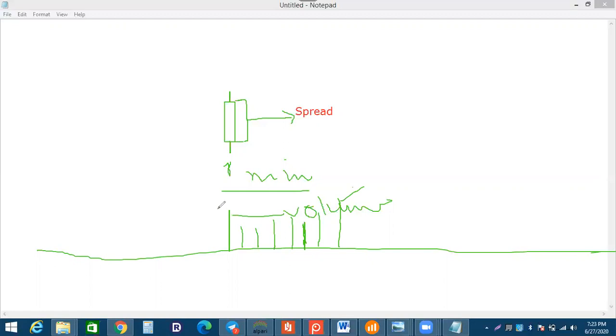If in the MT4 chart we apply the 20 moving average, the 20 periods of the candlestick and 20 periods of the volume bars, if the bar is above the 20 period average, we can say the volume is high. If the bar is below, we can say the volume is low as compared to the previous candle. Okay, I will not go deep here because that is another topic.